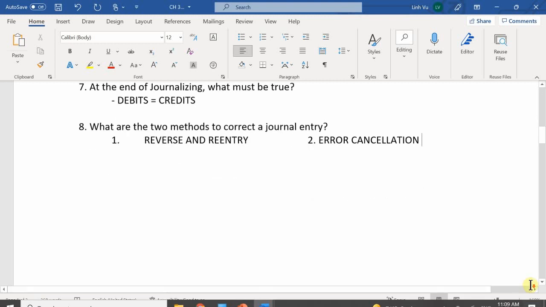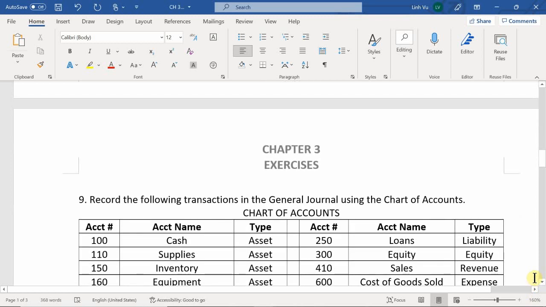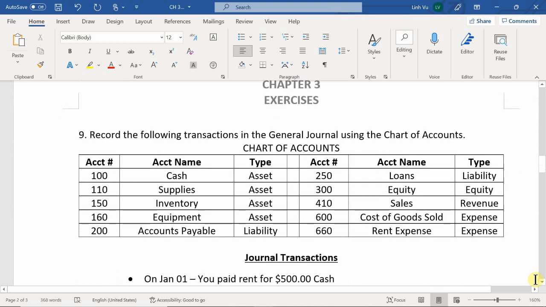Okay. So here in question number 9, we're going to practice recording the following transactions in a general journal by using the chart of accounts. This is where I'm going to have you practice recognizing, using the transaction analysis and the rules on how to journalize a transaction.